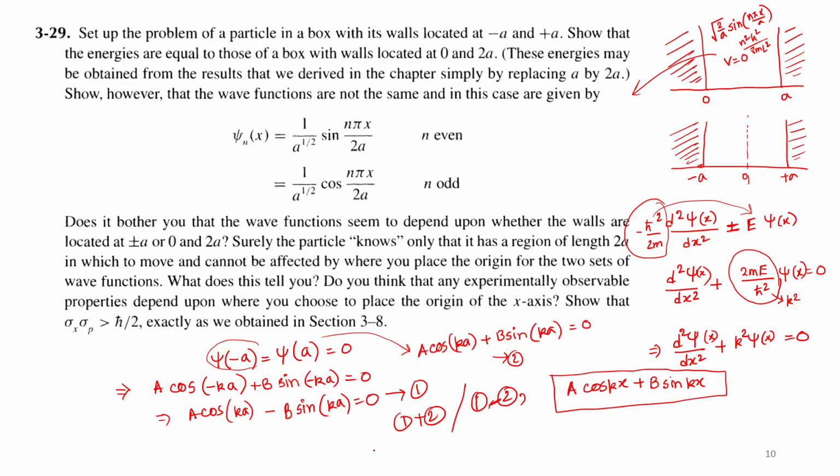For 1 plus 2, you get A cos ka is 0, and for 1 minus 2 you get B sin ka is 0. Do you have any doubt till now?